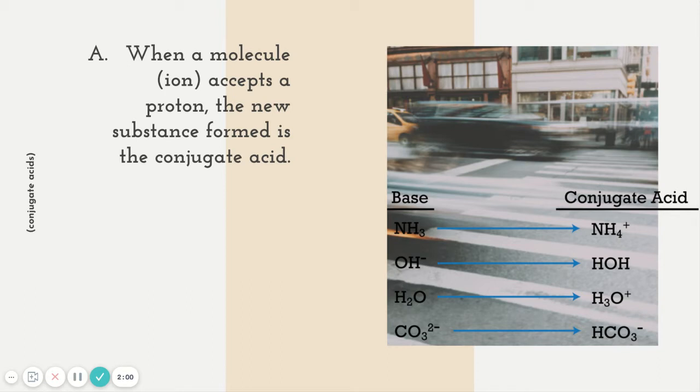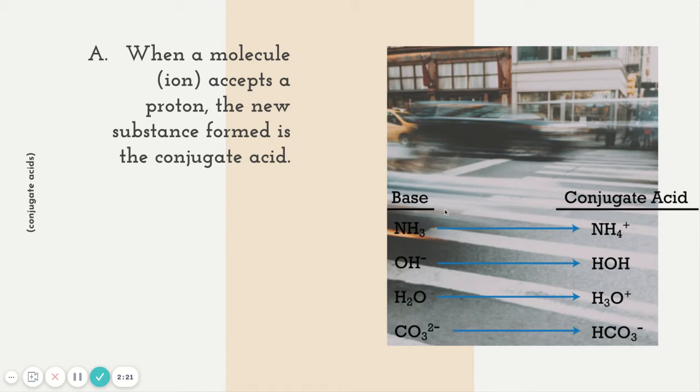If you remember, a base is defined as accepting a proton. So if NH3 got another proton, it would be NH4 plus. That would be its conjugate acid, because it's what happens after it's performed its basic duty, the thing that made it a base.